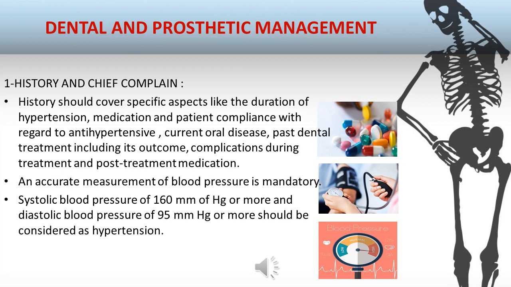During a dental appointment, measuring blood pressure is mandatory. Any systolic blood pressure of 160 mmHg or more and diastolic blood pressure of 95 mmHg or more should be considered as hypertension.